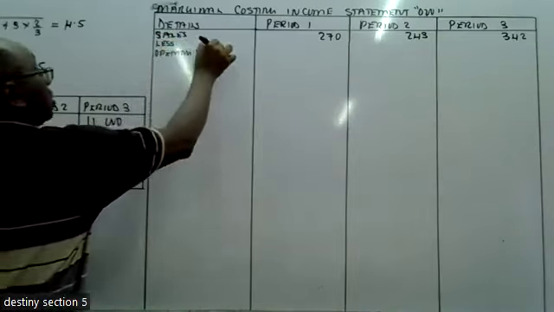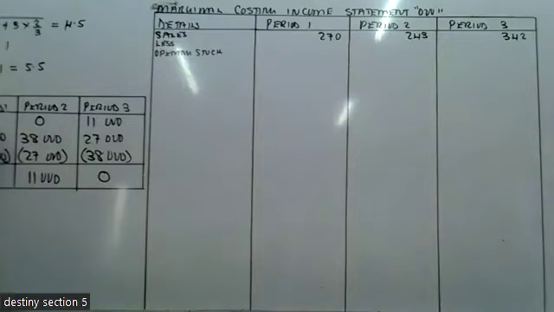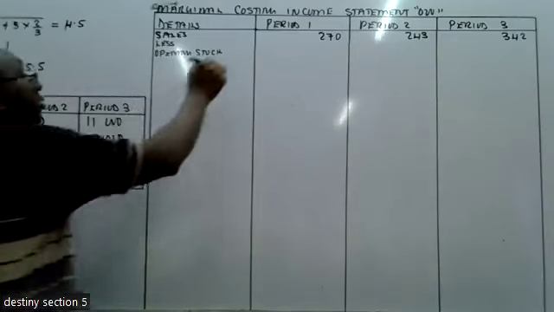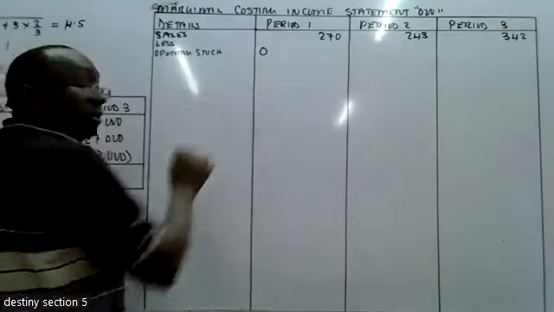Now the opening stock, you come back to your stock stage. Realize that in the first period, opening stock was what? 0. So it is going to be 0. When we are in marginal costing, 1 unit we are valuing it at what? 4.5. So it will be 0 times 4.5. That will give us 0.